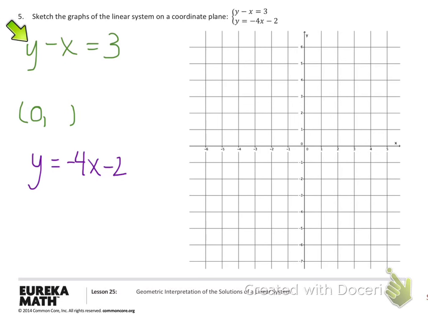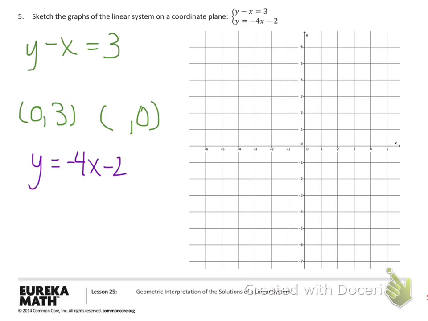Okay, so here are our two equations, y minus x equals 3 and y equals negative 4x plus 2. So let's work on this one first. To find the y-intercept, I'm going to let x equal 0 and see what y is. Well, in this case, if x is 0, y minus 0 is just y, so y equals 3. Okay, and then the x-intercept, what is x when y is 0?